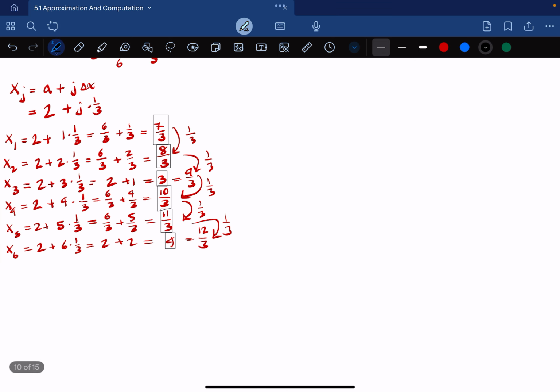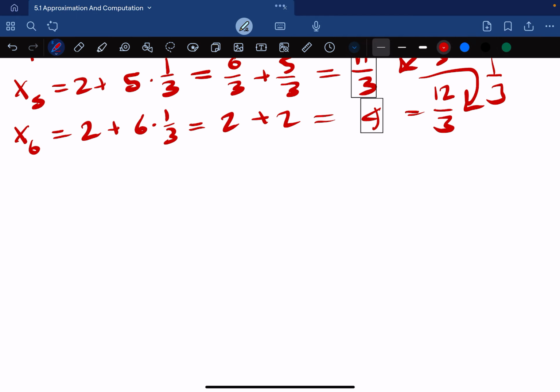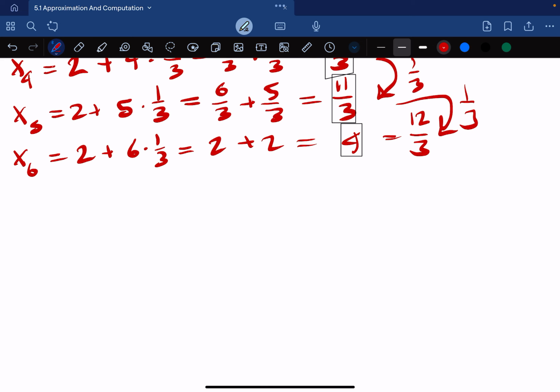Now we're going to do something very, very simple. We are simply going to write down our summation formula.